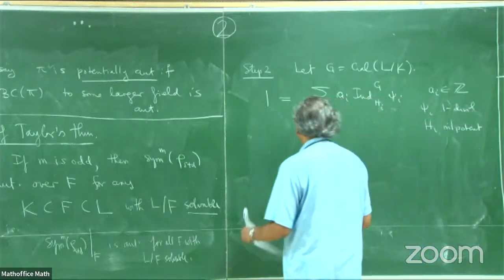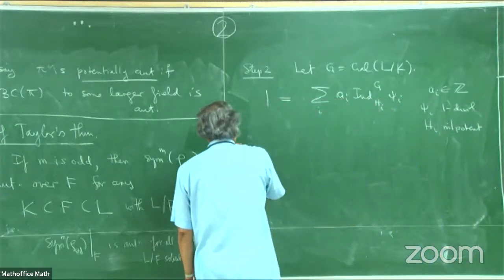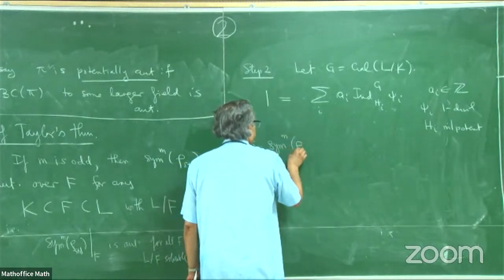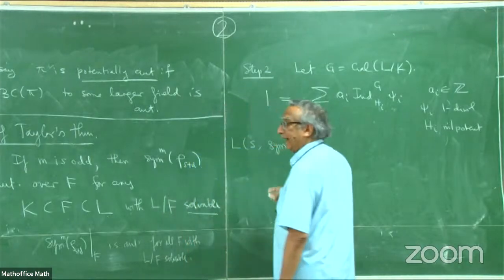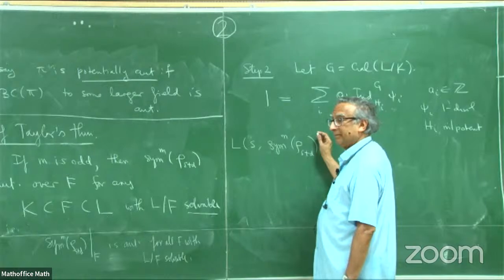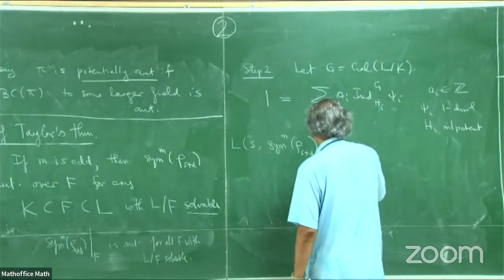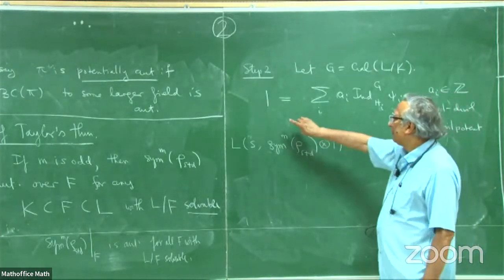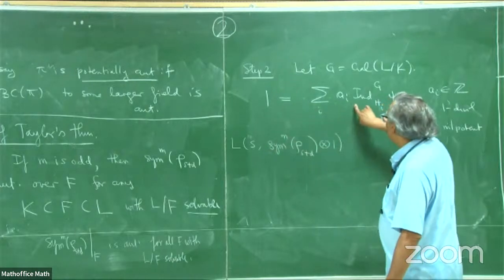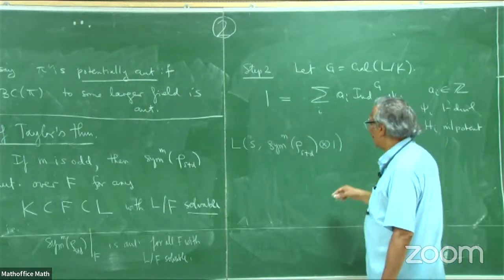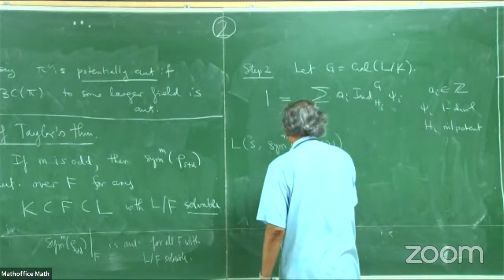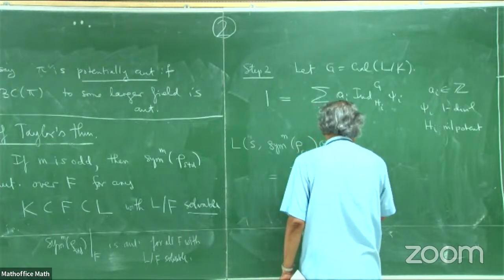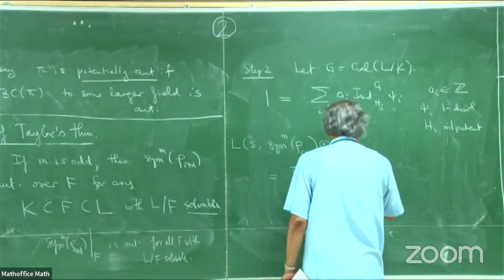So having written that, you are interested in L(s, symmetric power). This is what we want to get our hands on, this L function. But tensor it with 1, which is the same. And now use that 1 is the sum of the a_i times induction. Therefore, this now becomes a product over the i's of L(s, symmetric m of rho tensor induction from H_i to G of psi_i) to the power a_i.